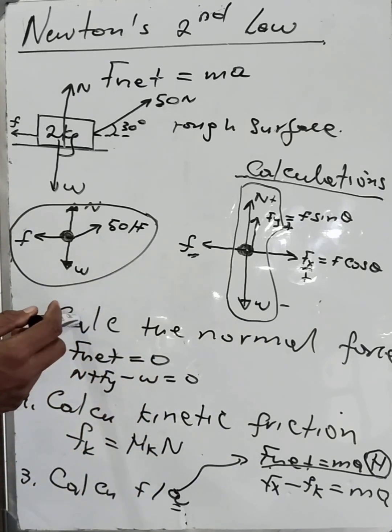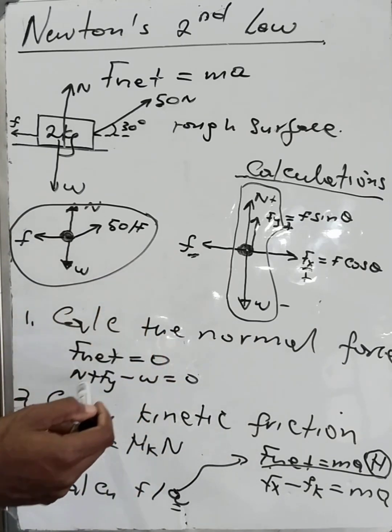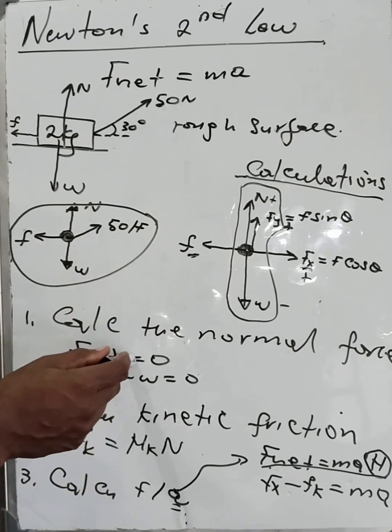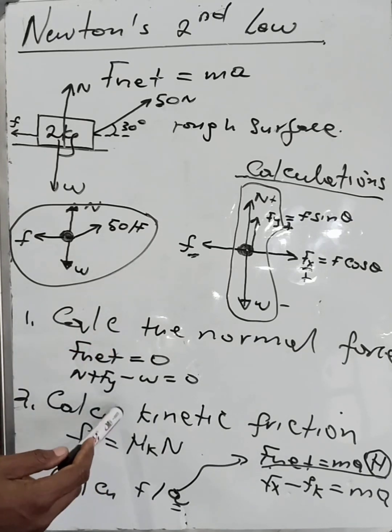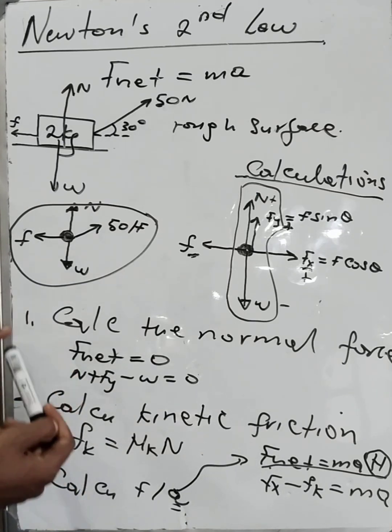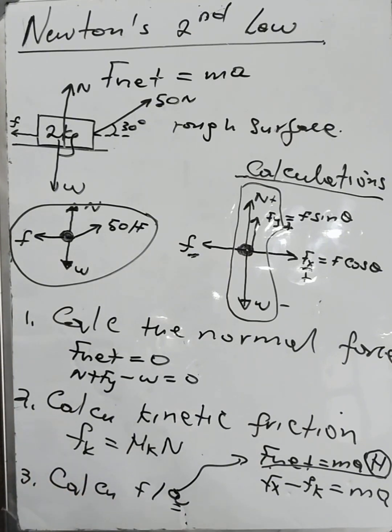See that they say calculate the normal force from here. From the normal force, calculate the frictional force. You're going to use that one. Then from the frictional force, calculate the acceleration. Or they give you the acceleration. You start here. So step number 3, 2, 1, or 1, 2, 3. So it goes like that, okay?